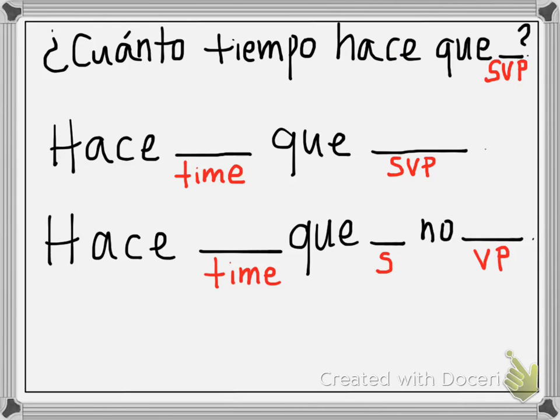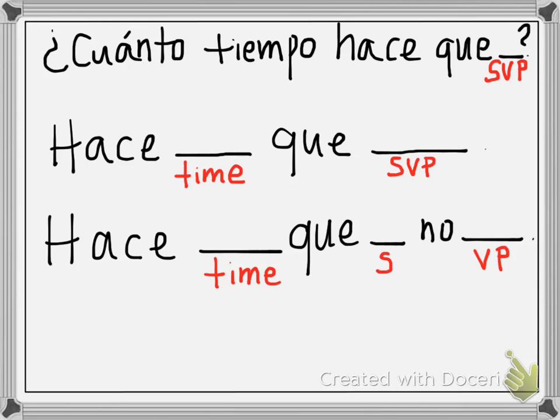Okay, with hace, I want you to think of it as a math equation, because frequently you're going to get off track if you forget that you have to plug in these different elements. So here are your equations on your paper. We have ¿cuánto tiempo hace que, and then our subject or verb phrase? This is used to ask how long you've been doing something, or if we throw the no in there, how long it's been since you've done something.